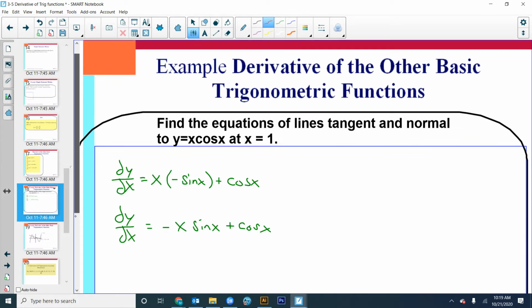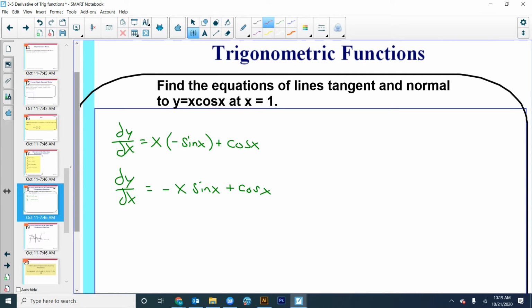All right, so 2 things you need to write the equation of a tangent line: a point and a slope. The point is 1 comma 1 times cosine 1. What's cosine of 1? Did you say 0.54? Let's go 3 decimals always. So who has it to 3? 0.5.